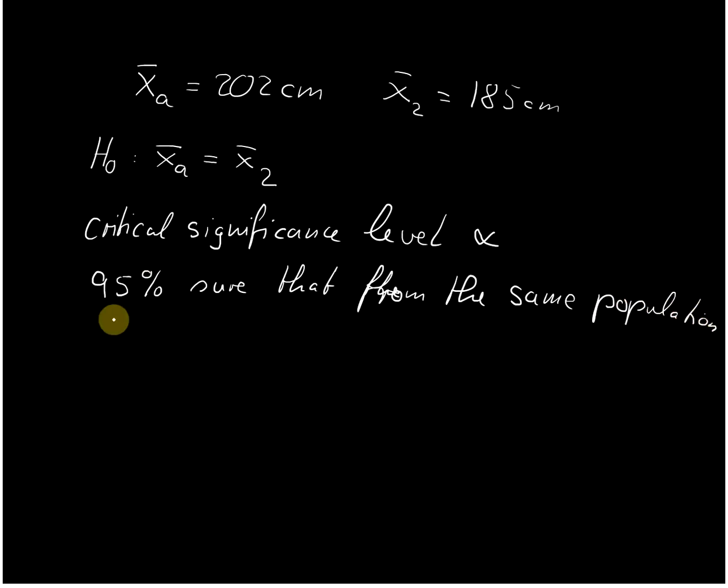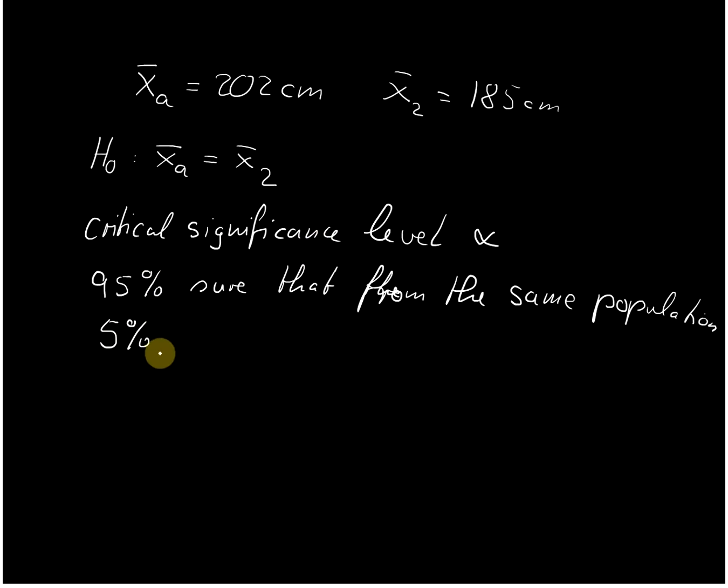Or in other words, we want an uncertainty of, let's say, 5%. We want to say that these samples are the same, but we are willing to accept a 5% uncertainty. This is this critical significance level.